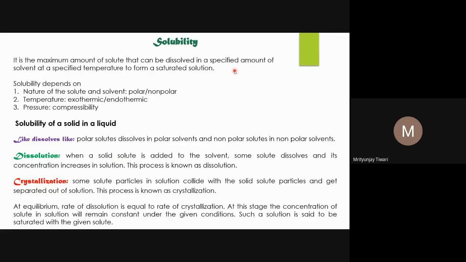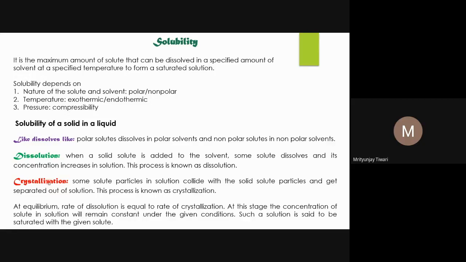And we know that even the dissolution of a solute into a solvent is an equilibrium process. So when the saturation point is achieved, equilibrium is established. If the solute is a solid, there is also a reverse process that happens, called crystallization.